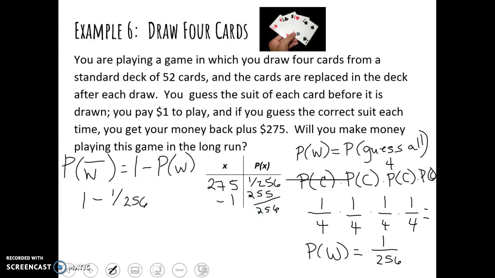So you have 2 options. You can multiply these together and then add to get your expected value, or you can just use the calculator.